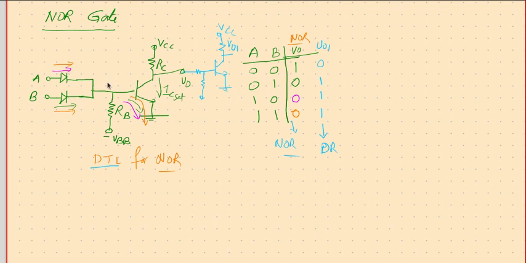So we know how to implement NOT gate, we know how to get AND gate, we know how to get OR gate, we know how to get NAND gate, we know how to get NOR gate. So from these preliminary gates, we can continue building higher versions like XOR gate, XNOR gates, and many more to come. So that's it for now, where we are working with diode transistor logic.